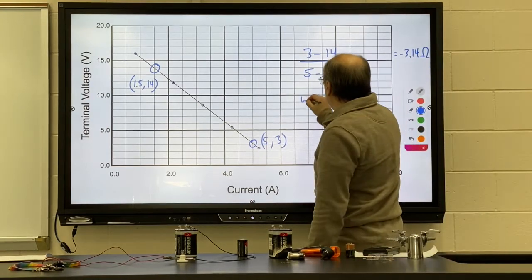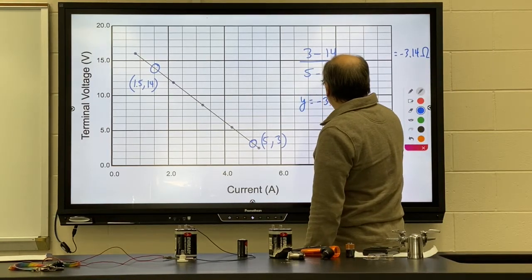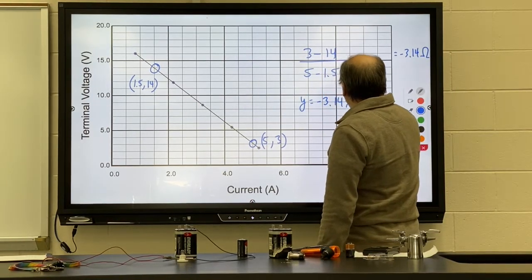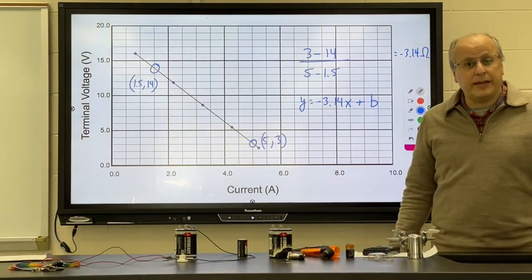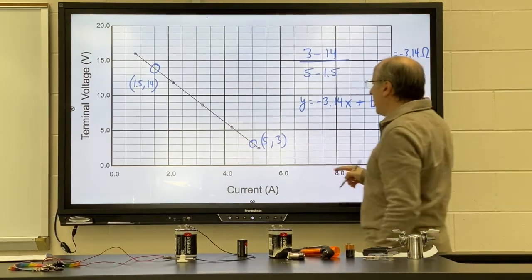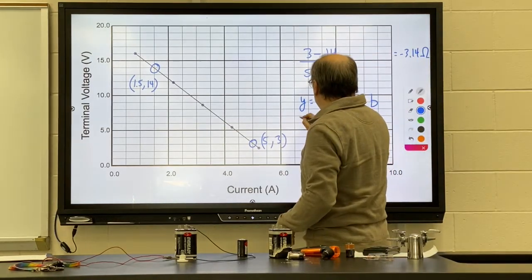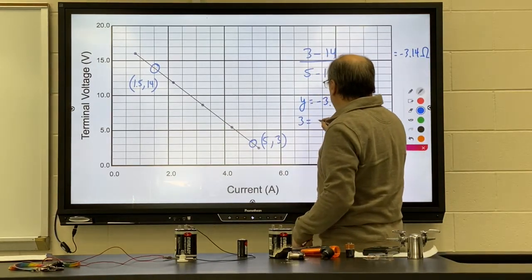So when we write our equation, y equals mx plus b, we can put in the slope. How do we find the other things? Well, once we have the slope, we can pick either of our points and plug in. I'm going to use 5, comma 3.